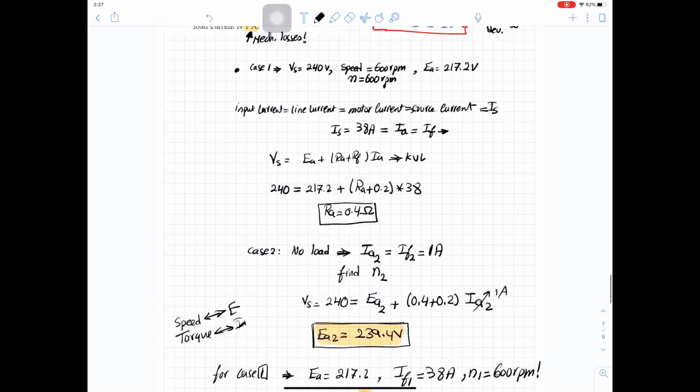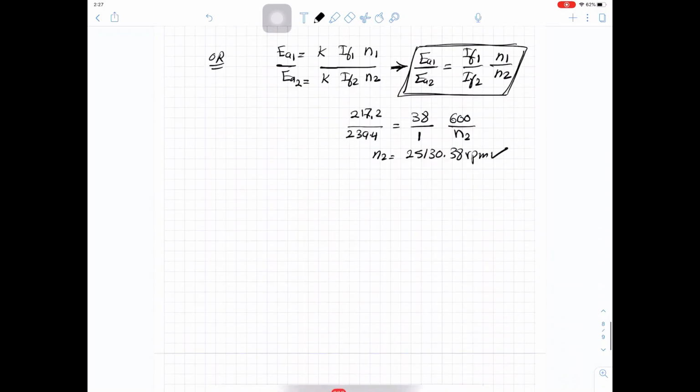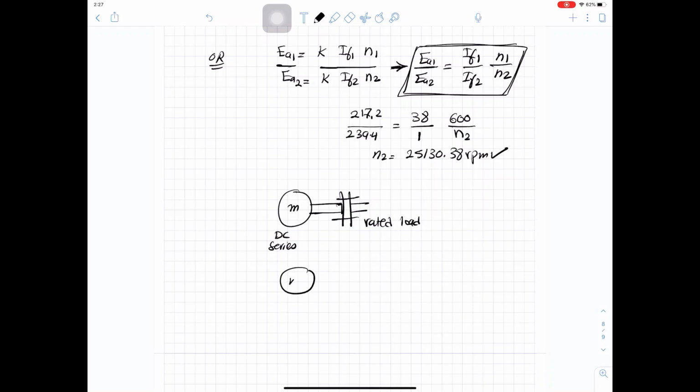So what we had here, we had a DC series motor. So we had a motor, and this motor is connected as DC series. We solved this motor when the motor was coupled to its rated load, and then we solved it again, the same DC series motor, when we removed the load, no load.